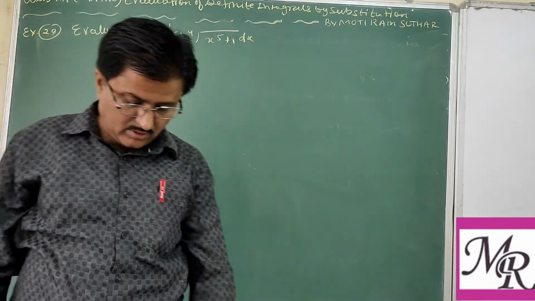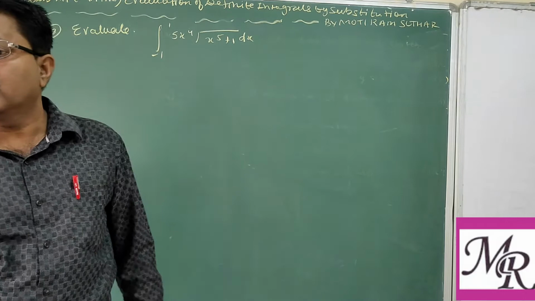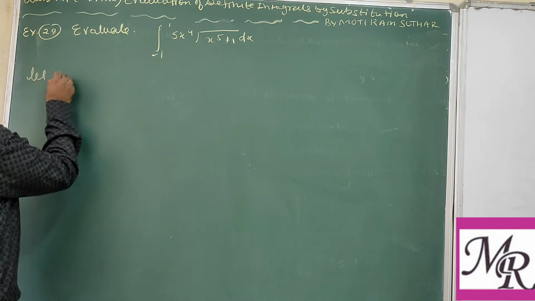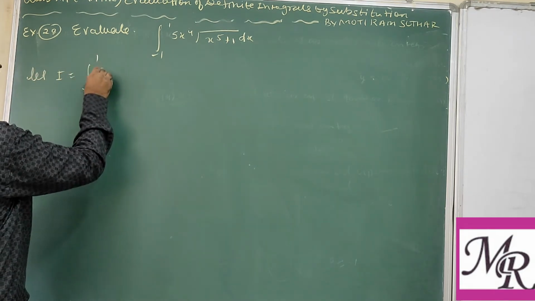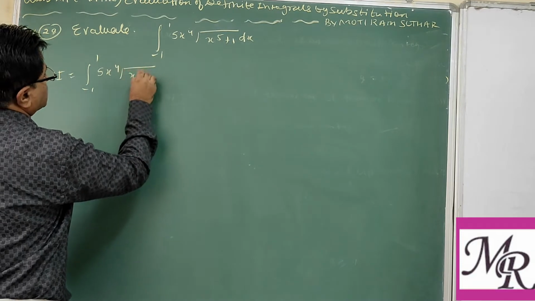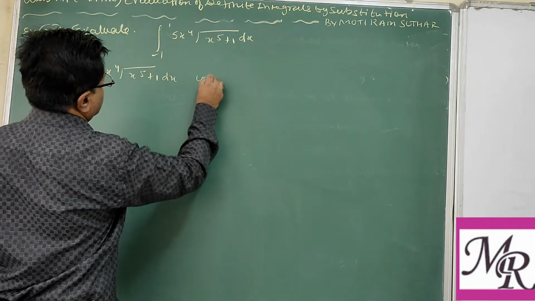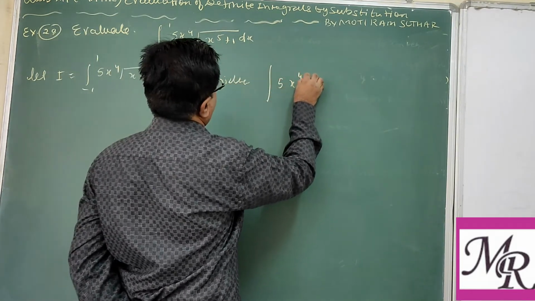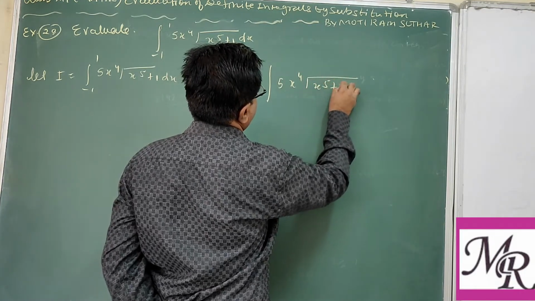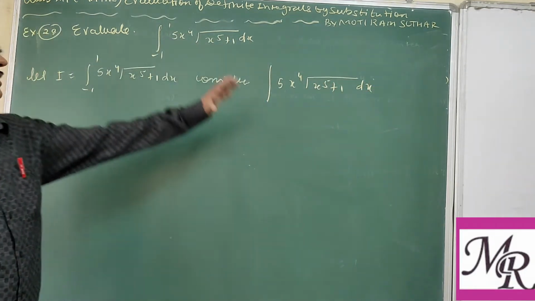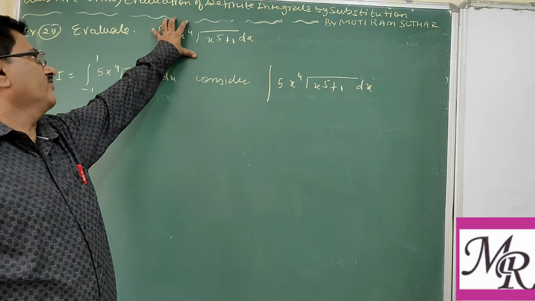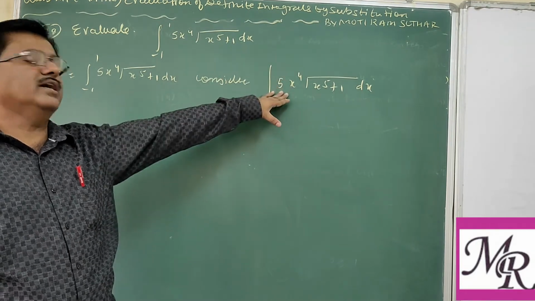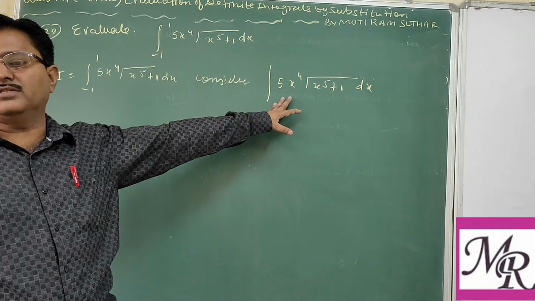So first of all we want to find this as an indefinite integral. So I equals the integral of 5x^4 root of (x^5 + 1) dx. Here we consider the indefinite integral corresponding to the given definite integral, removing the limits, and we solve it by the substitution method as in the previous chapter.